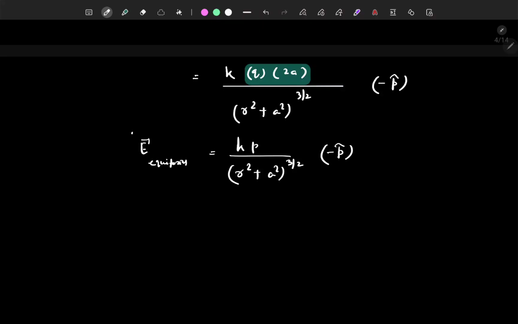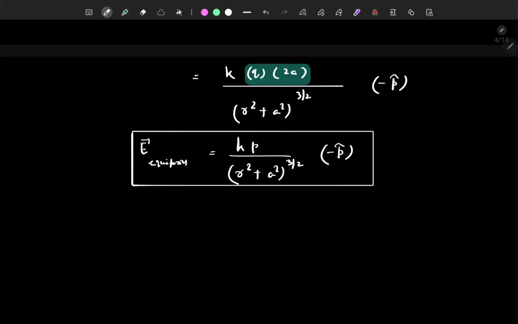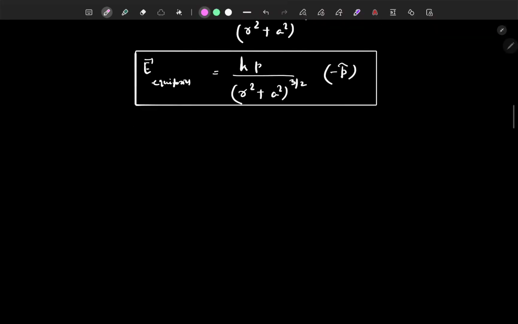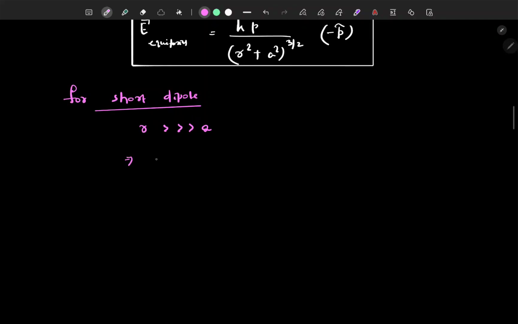So this is opposite to the direction of dipole moment. Again we apply the condition for short dipole. For a short dipole, the condition is r is much greater than a, which implies a square tends to 0. Thus E equatorial vector will be kp by r square plus 0 power 3 by 2 into minus p cap.